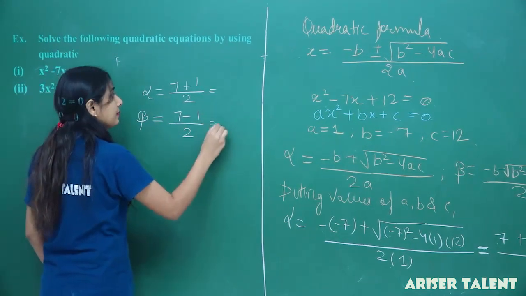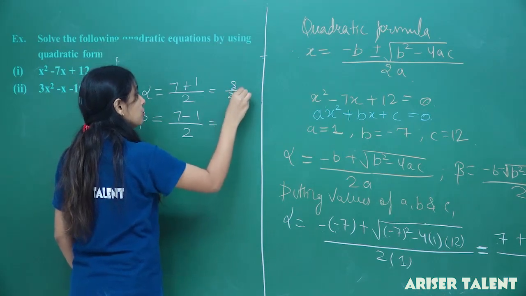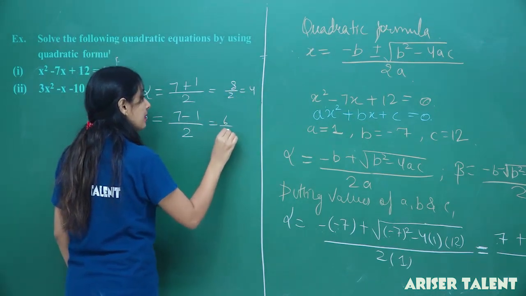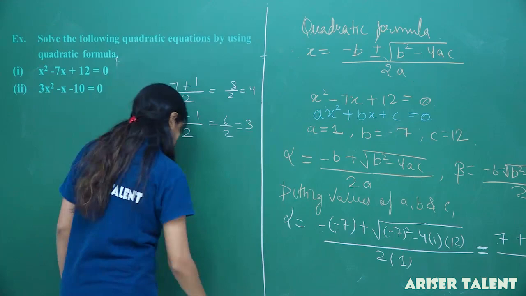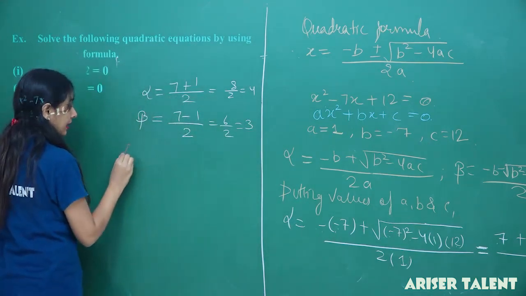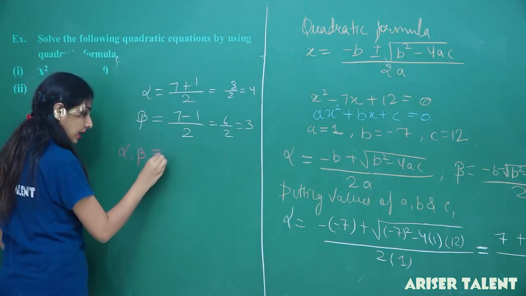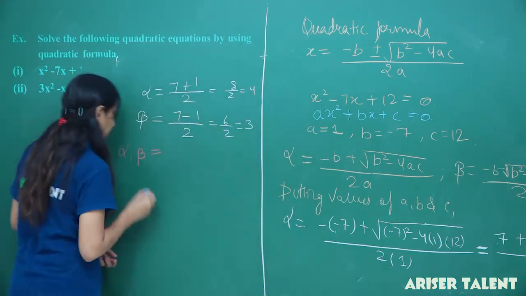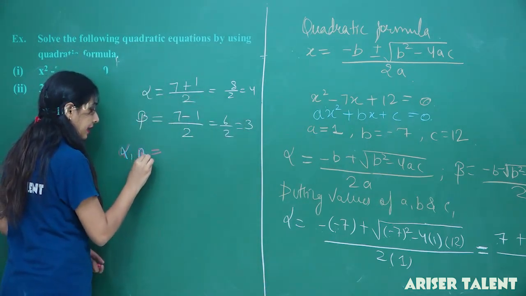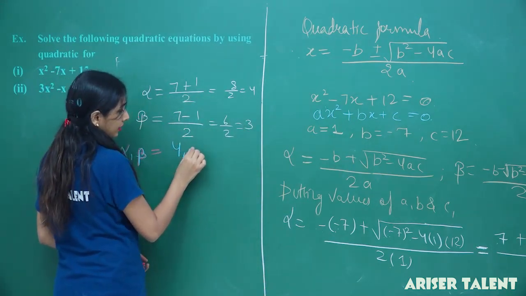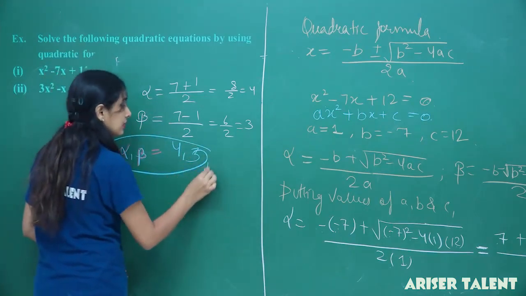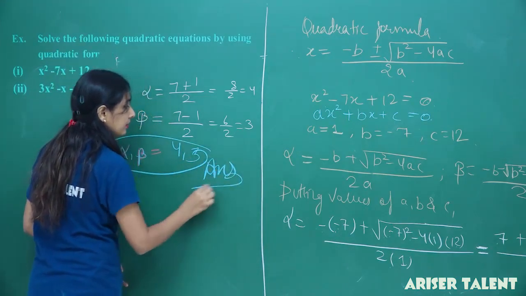So that will be 8 by 2 equals to 4, and that will be 6 by 2 equals to 3. So what is the answer here? Alpha and beta are equal to 4 and 3. So this is our answer.